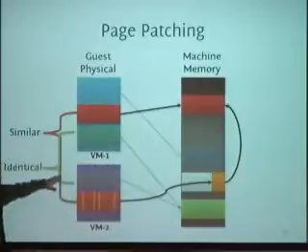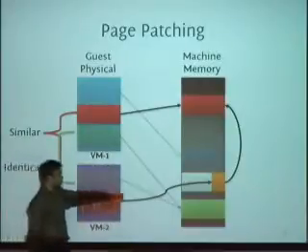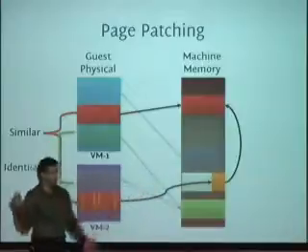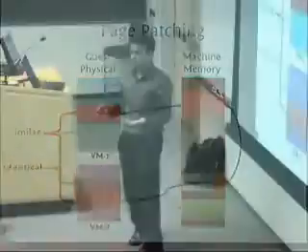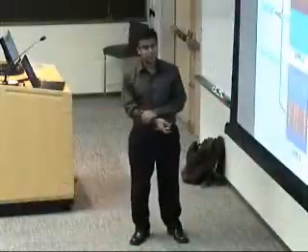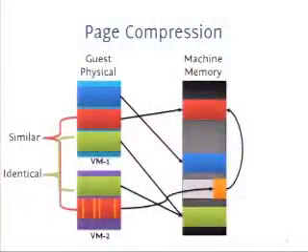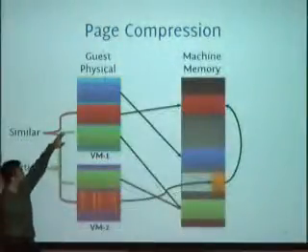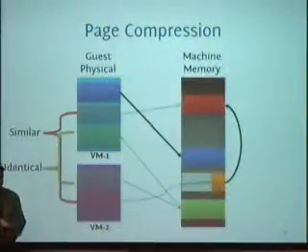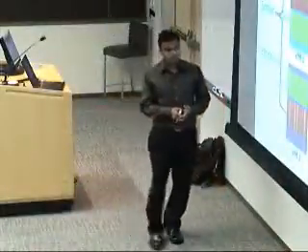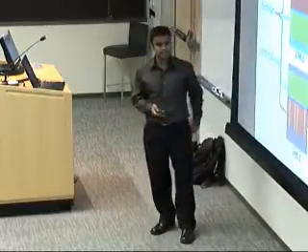The interesting thing to note here is that patched pages have to be reconstructed even on a read access, which is not the case for copy-on-write pages. The reads there are essentially free. The third thing we do is identify pages that are not being accessed frequently. Let's say the blue page in this example is not being accessed frequently. We compress this page and store it compressed in memory. As before, accesses to compressed pages have to be uncompressed on each access.